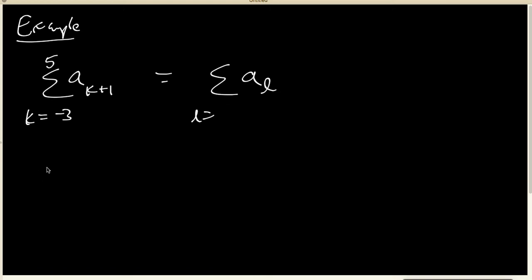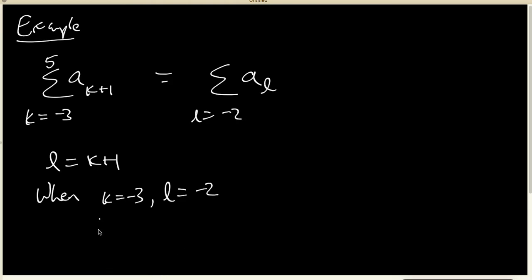Well, I'm going to have L equal to k plus 1 from this part of the notation, but then I also have to convert the beginning and ending of the summation. When k is equal to minus 3, L is going to be equal to minus 2. And when k is equal to 5, L is going to be 6. So my new sum would be L goes from -2 to 6.